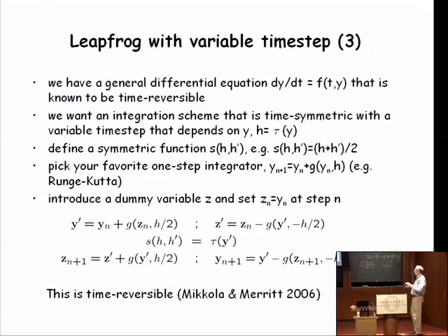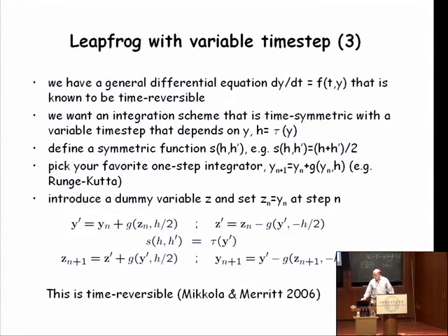Now, why do you go through this? Well, the answer is obvious after you stare at it for a little while. If you stare at this for a while, you'll see that this scheme with the two variables is completely time reversible. And so what this has done is taken any integrator, which has other desirable properties, and converted it into a time reversible integrator.